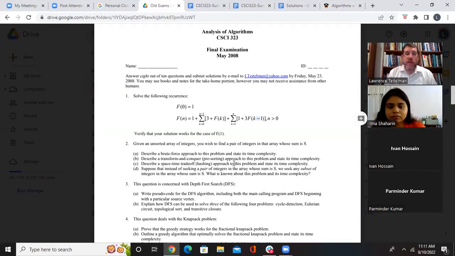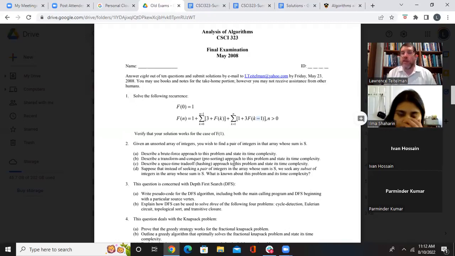How do we find a pair of integers whose sum is s? This is a nice thinking question, right? It's not just remembering what we learned. So let's start with brute force.